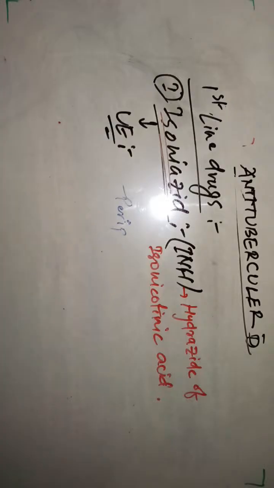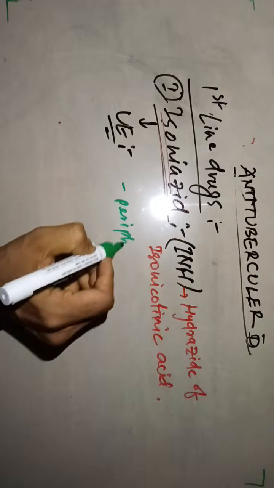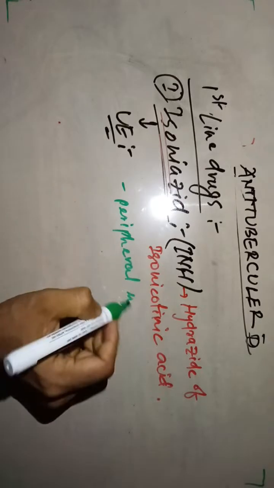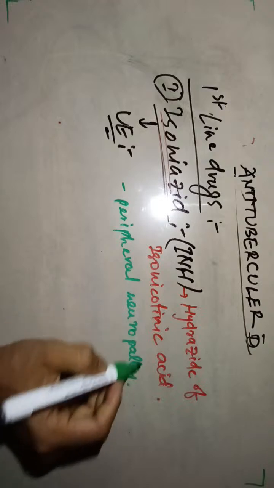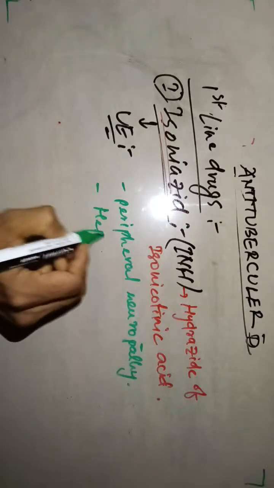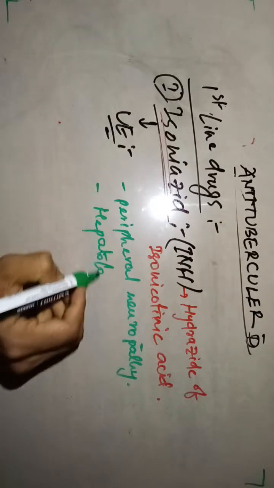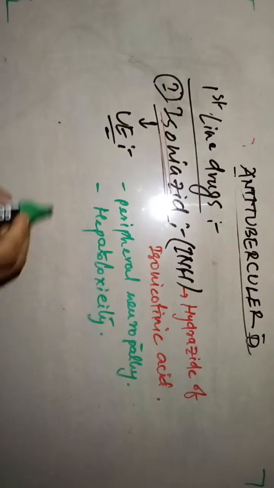Is it visible or not? It's not visible. Okay, so number one is peripheral neuropathy. Next, hepatotoxicity.